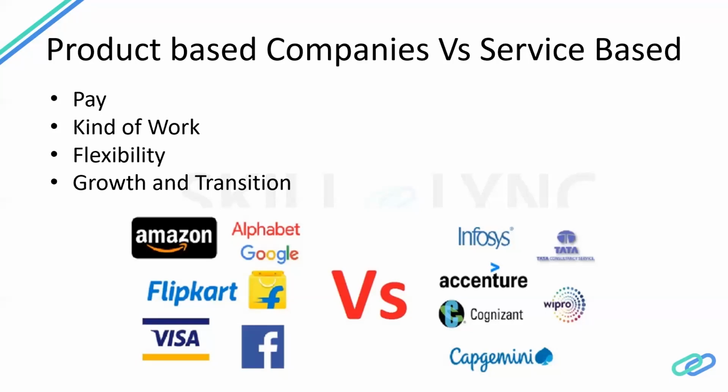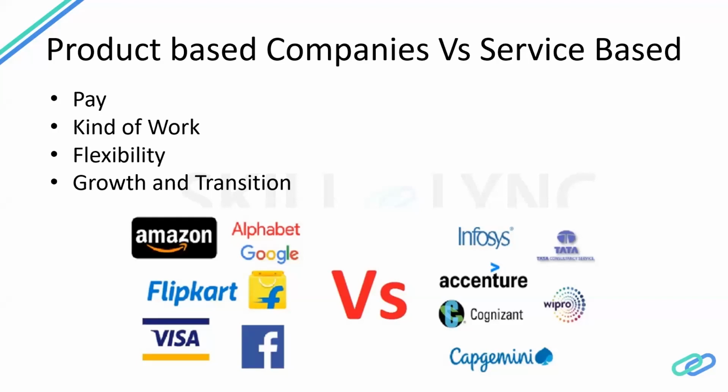So I just wanted to tell you that the pay in product-based companies is higher. The goodness of work in product-based companies is higher. The flexibility which they provide to engineers in product-based companies is higher, and the growth and transition prospects in product-based companies are also better. But there is a point. The point is that not everybody can get into product-based companies.